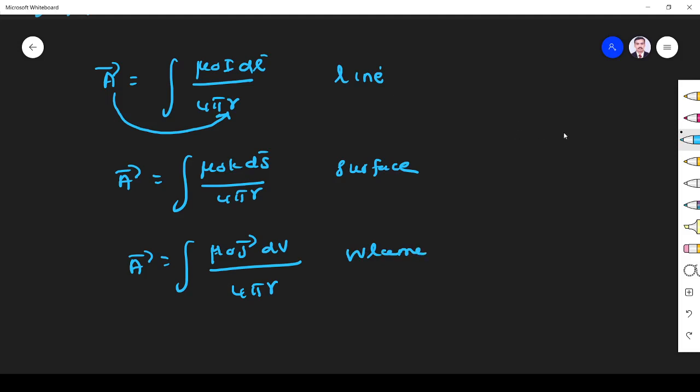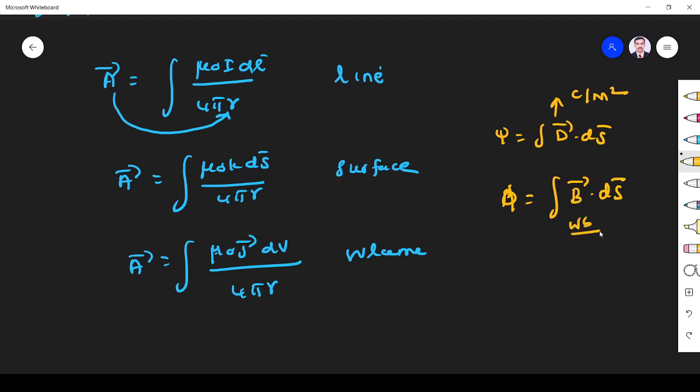Fine? Okay. Similarly, we know electric flux is given by D dot dS. Magnetic flux is given by B dot dS. So this is coulomb per meter square, electric flux density; this is magnetic flux density, weber per meter square; coulomb, it is weber. Fine. So we remember another one, J dot dS is equal to I: ampere per meter square into meter square, ampere.